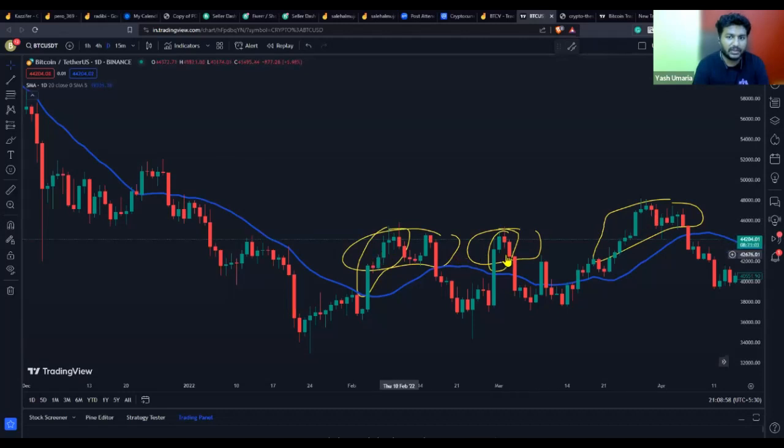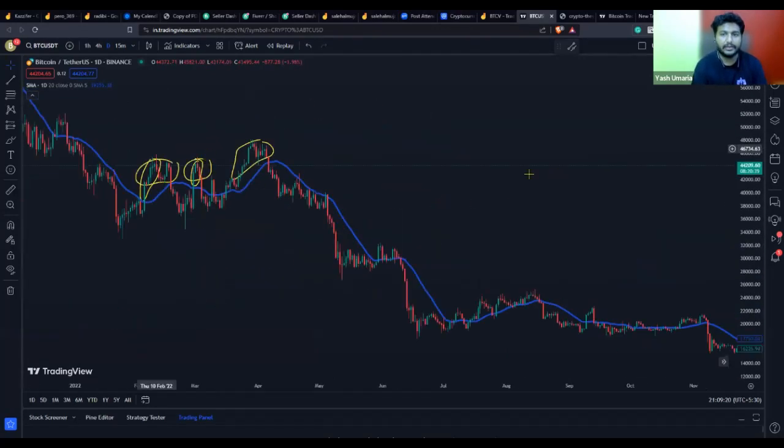Why? Because the risk factor is very high, and as traders, we try to increase the probability and decrease the risk. Correct? So in this case, both things are going in the opposite direction. The probability of a successful trade is less, and the risk of failure is more. So why take chances? Correct?